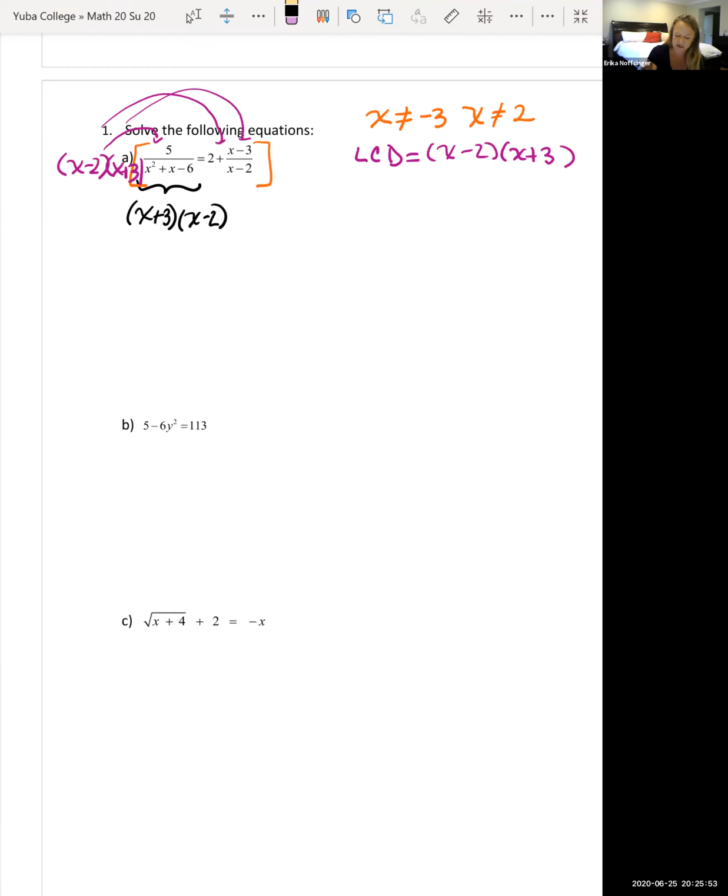And so when we distribute it to the only piece on that left-hand side of the equal sign, your x - 2, x + 3 cancel. And so you're just left with that numerator, which was 5. This is equal to, well, this term 2 doesn't have a fraction, and so nothing's going to cancel. And so don't forget that you're going to be multiplying that by the x - 2, x + 3.